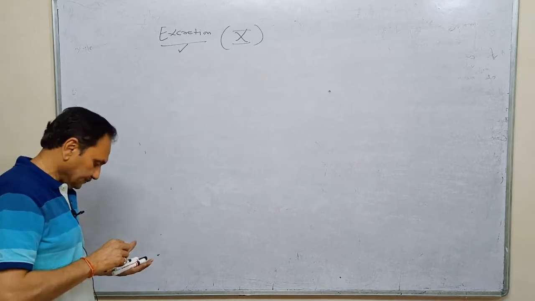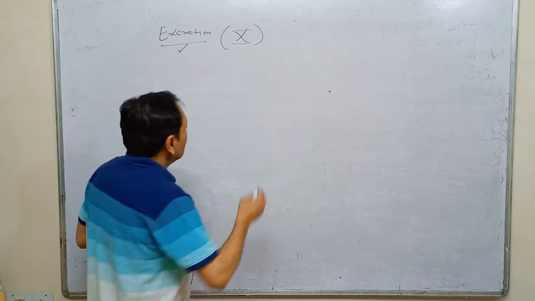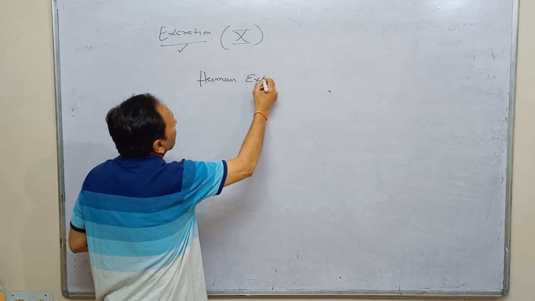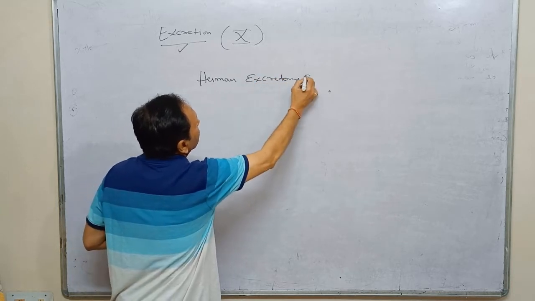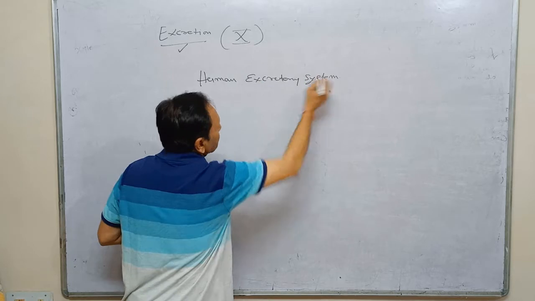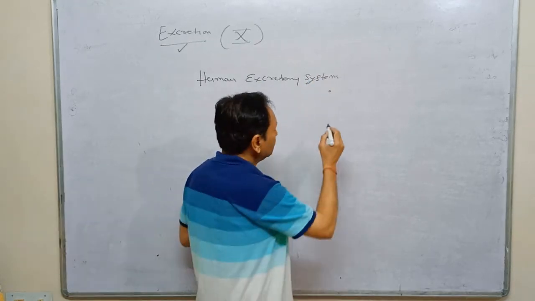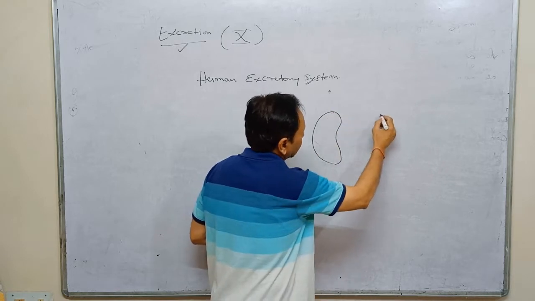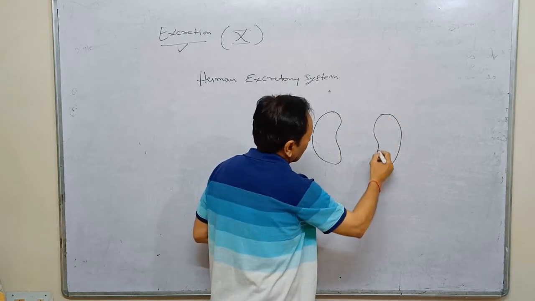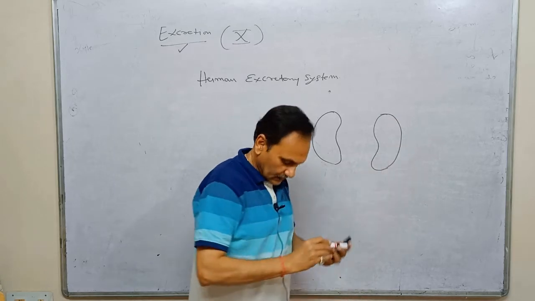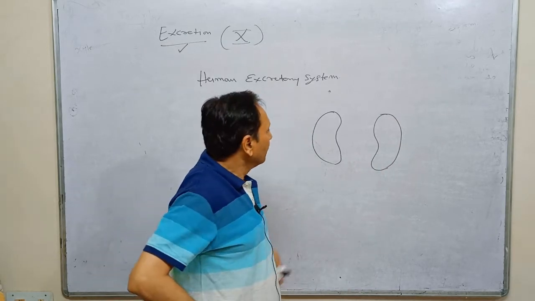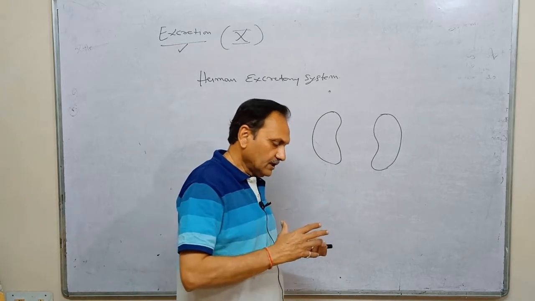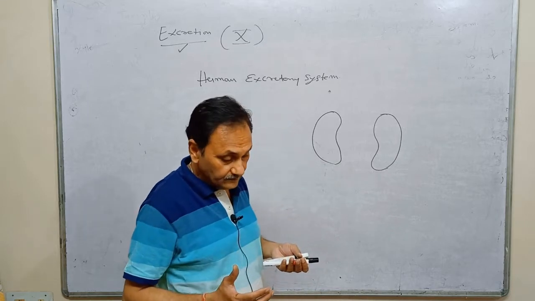Now come to the human excretory system. It has been observed that in the lower abdominal cavity, a pair of kidneys is present, which is bean-shaped and dark brownish in color.